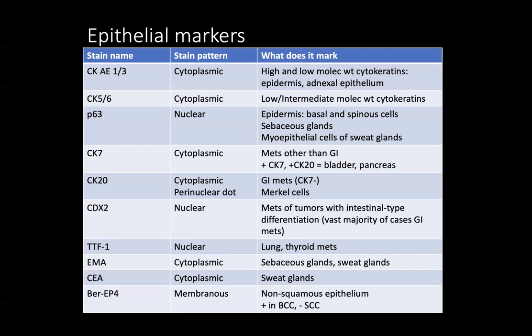I don't have p40 listed here, but both p63 and p40 are very useful for this. They're a nuclear stain, so they actually highlight the nuclei of squamous-derived primary epithelial cells. And they mark basal and spinous cells, they mark sebaceous glands, and they mark myoepithelial cells of sweat glands. So p63 is helpful if you're trying to establish some type of primary epithelial origin of a tumor.